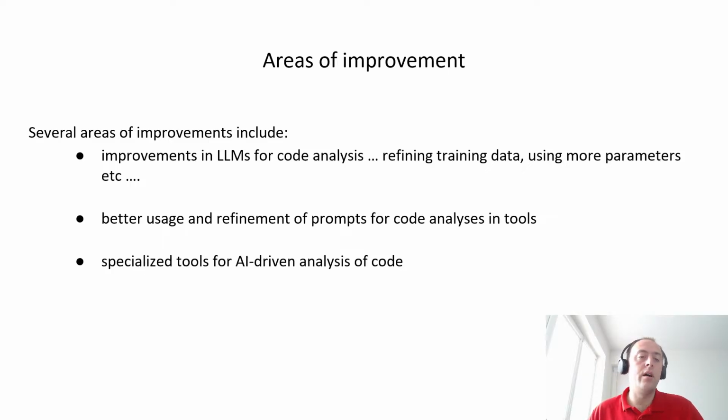We also would expect to see better usage and refinements of prompts and prompt libraries for code analysis, also provided by the different kinds of tools for AI-assisted reverse engineering. Also, more specialized tools that really tackle specific areas of the analysis of code, like, for example, dependency analysis or vulnerability analysis, and so on.